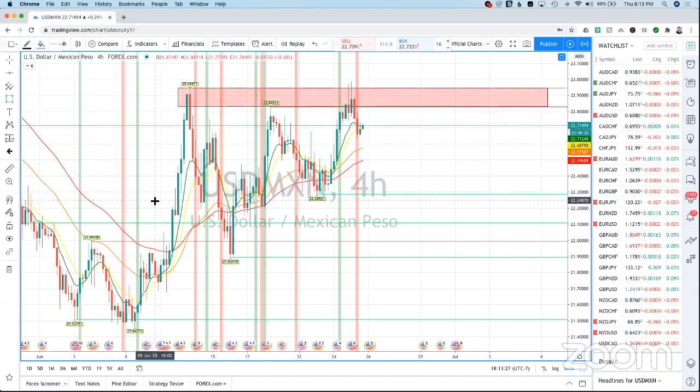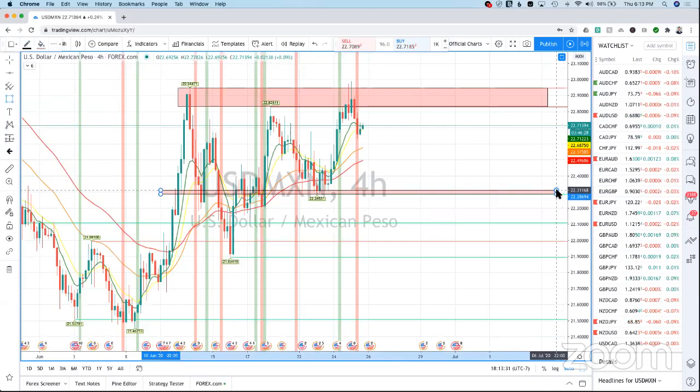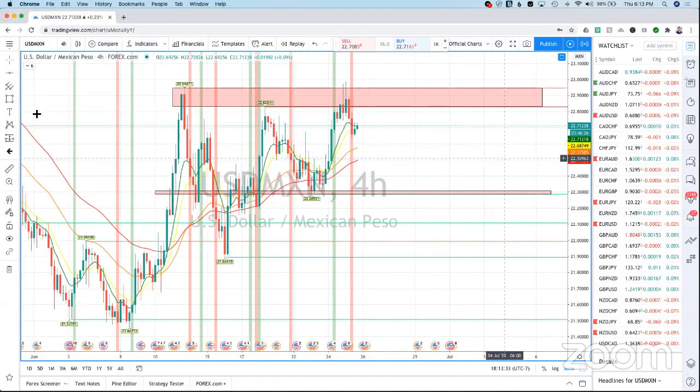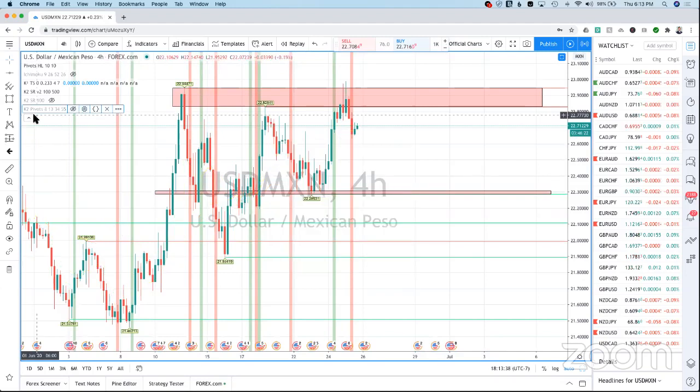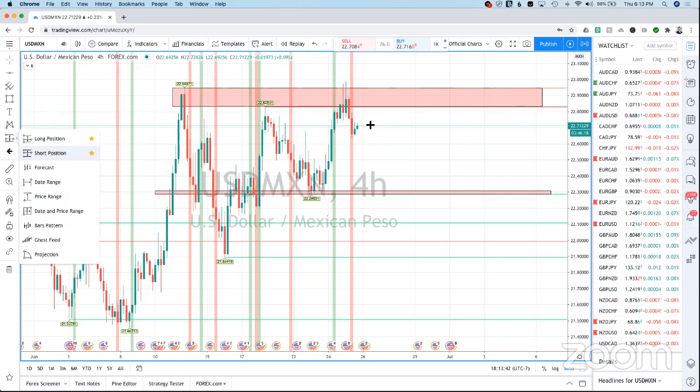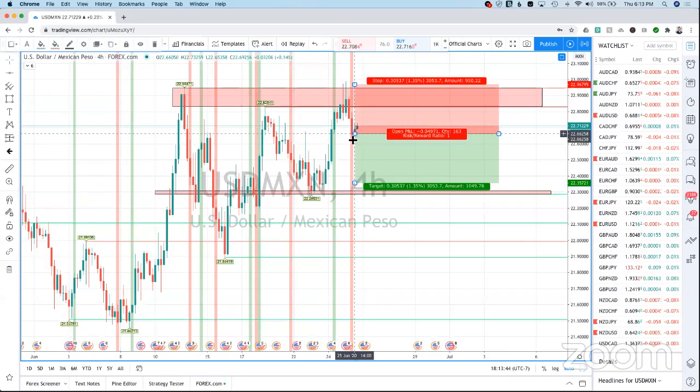So if you guys are looking for a trade to take, this is Spencer's baby. He's pretty good at trading USD MXN, the peso. Yeah, there's an entry right there. You can put a sell stop right there, Spencer, if you want to take that. It's a 3,000 pip move.